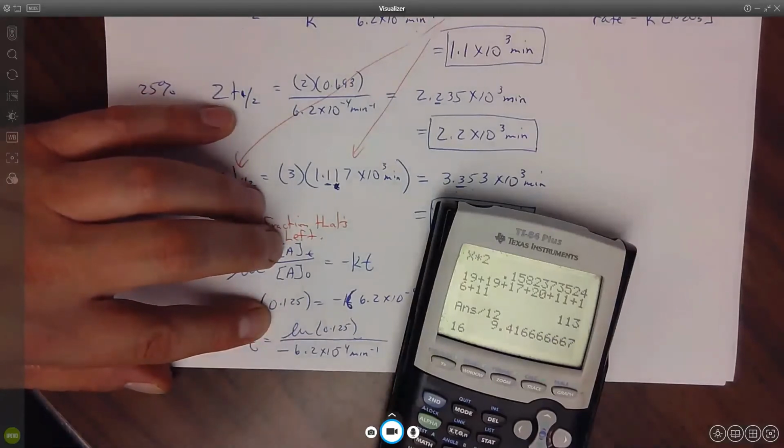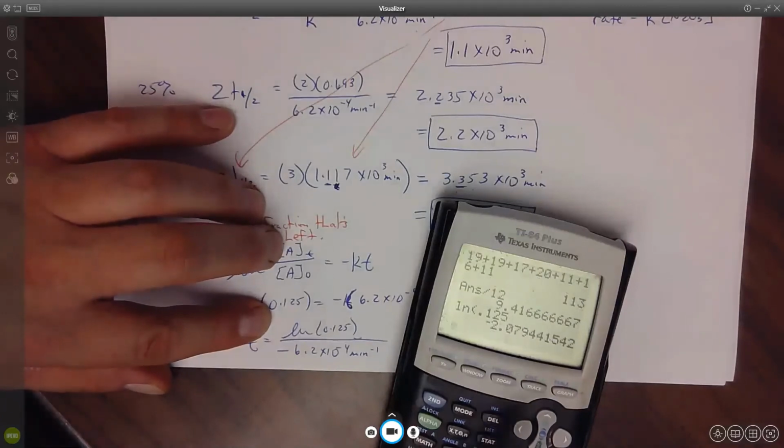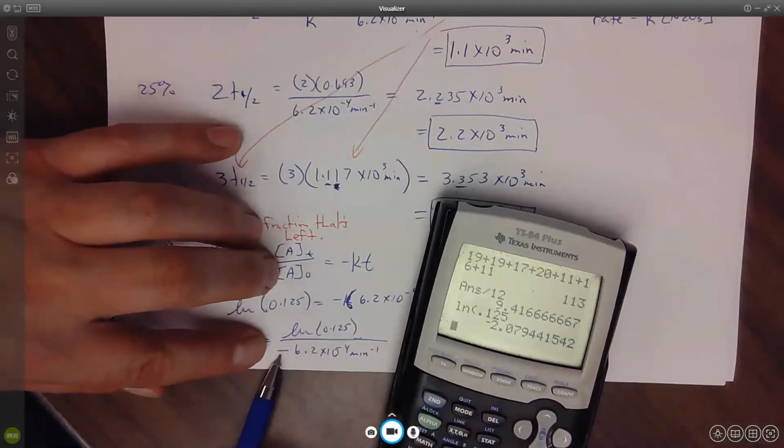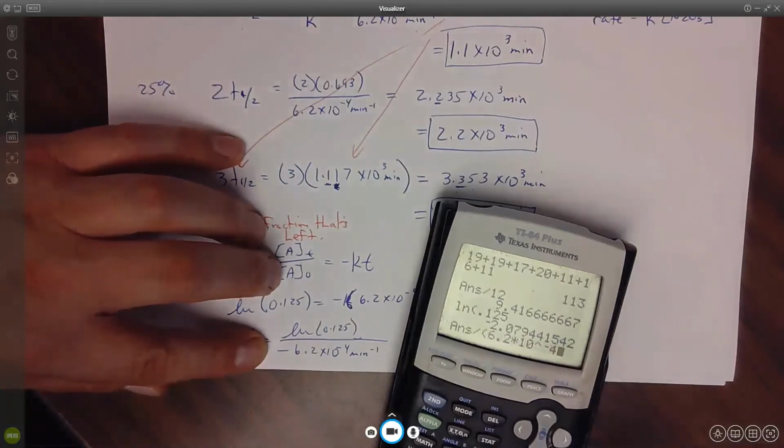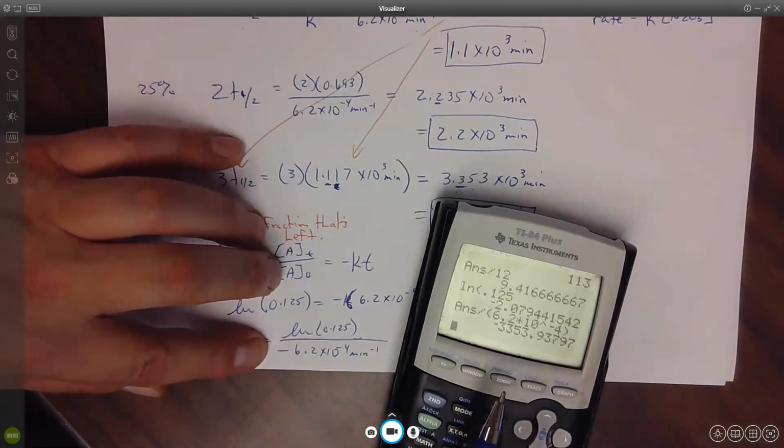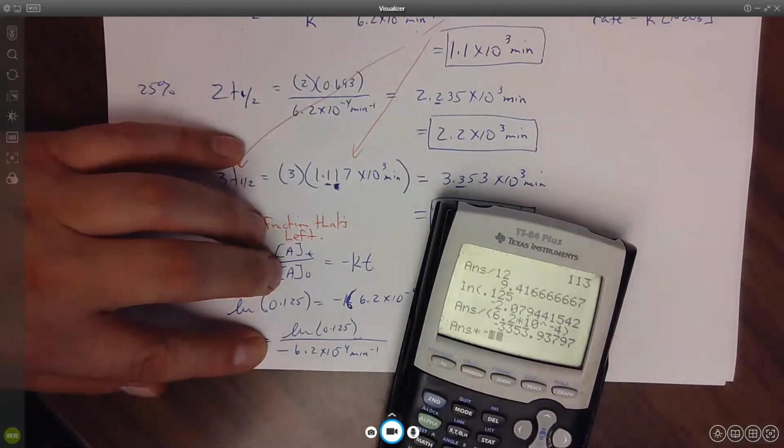So the natural log of 0.125, you can see it's negative 2.079. So that's going to cancel out this negative. And then you'd simply divide it by the 6.2 times 10 to the negative 4.